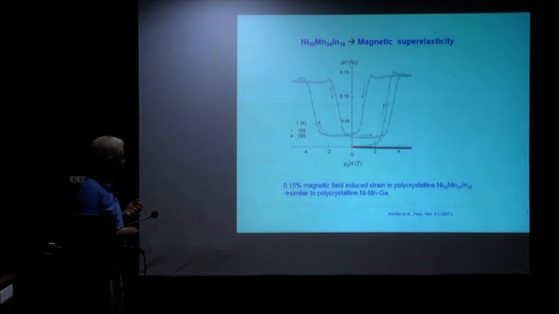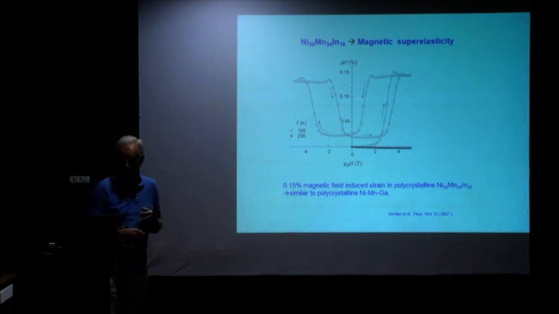So we start here, we apply a magnetic field, it goes up 0.14% or something. And then when we remove the magnetic field, it goes back down. And you can reverse it, of course. You see the same thing happening on the other side, and then this loop will be followed continuously.